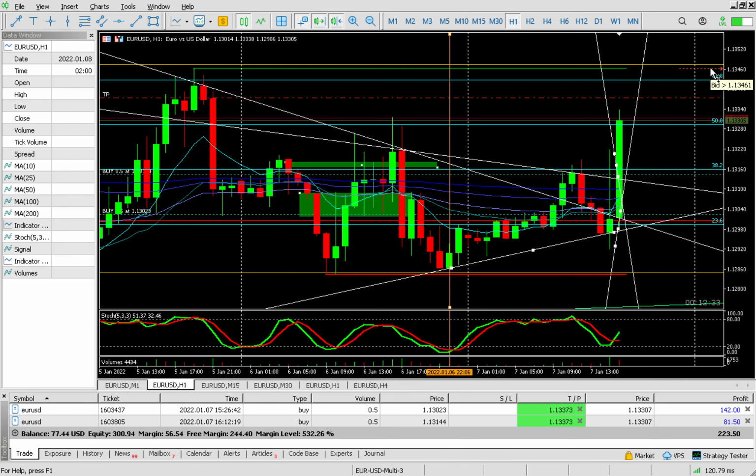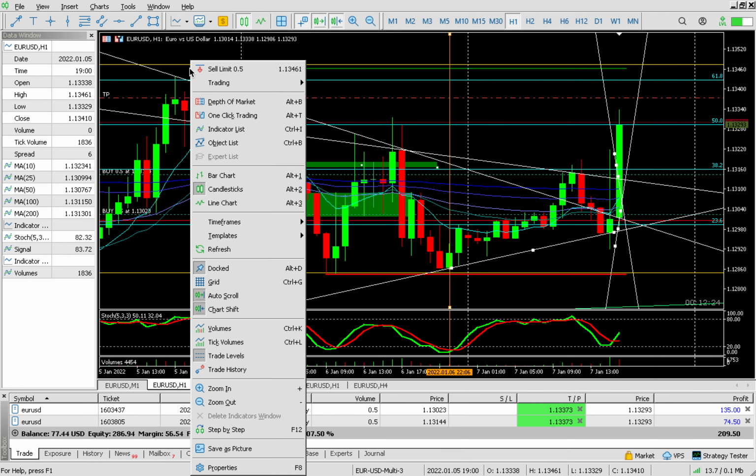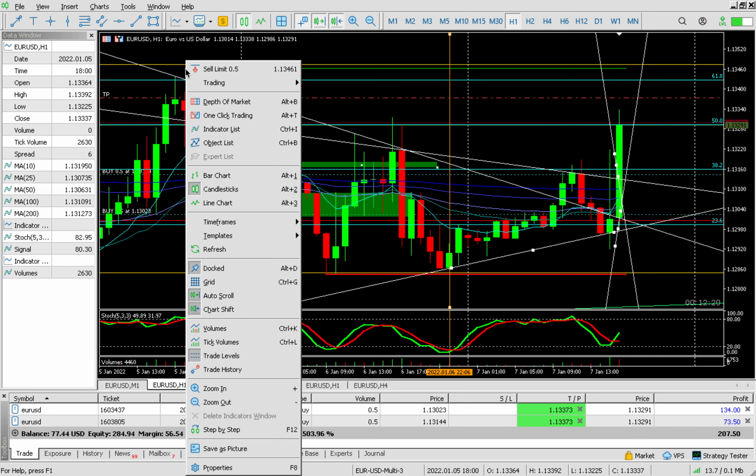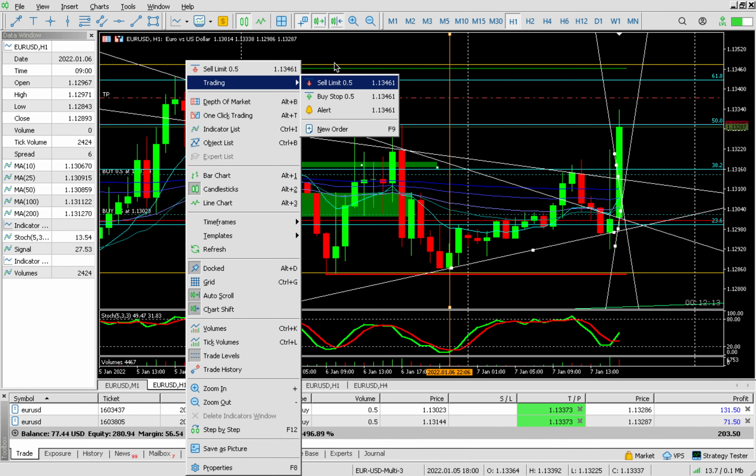So we just want one tick higher. That's why it's probably easier to do it this way, because then you can see what it is, just by right clicking. Hold on, let me get my mouse where I want it.